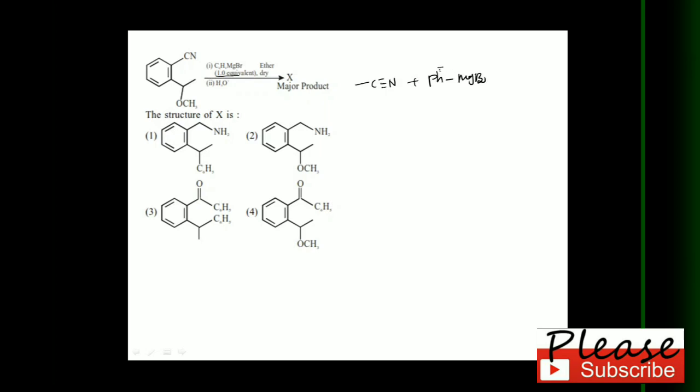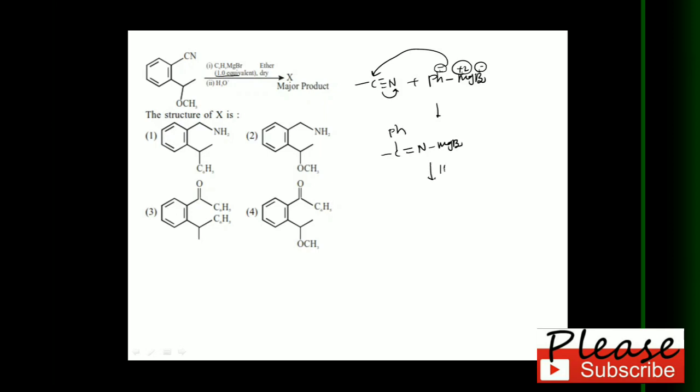So Ph minus, here Mg plus 2, here MgBr minus 1. So Ph minus attacks this carbon. Okay. So here C double bond N, this MgBr, the positive part is coordinated with the N minus, and here Ph minus is bonding with the C plus.